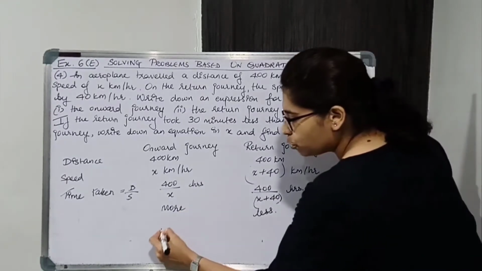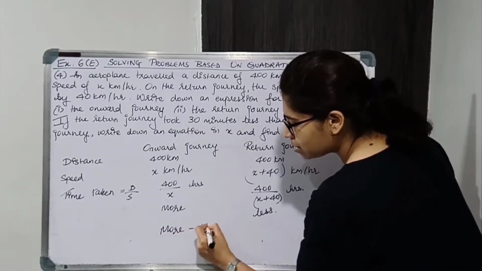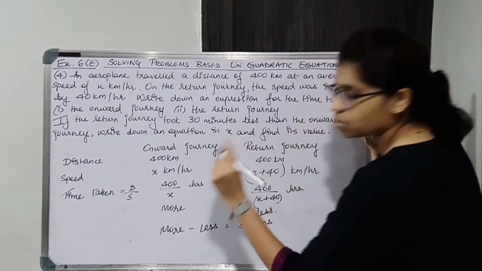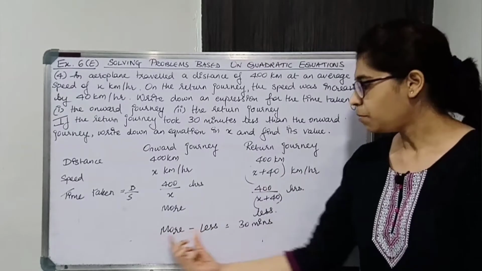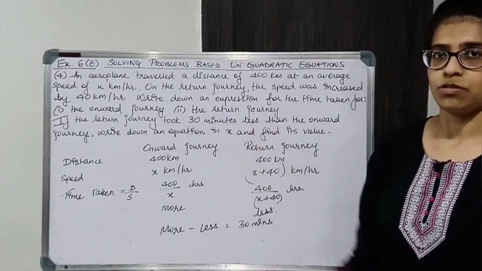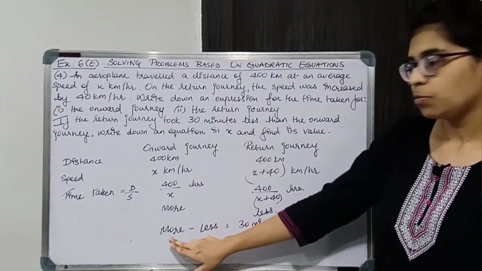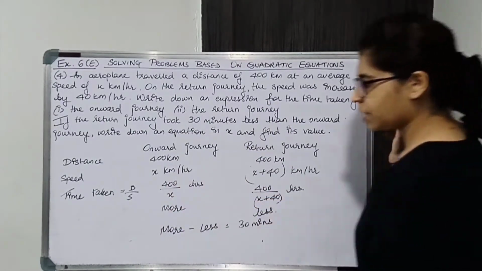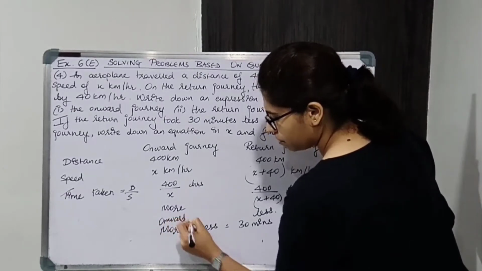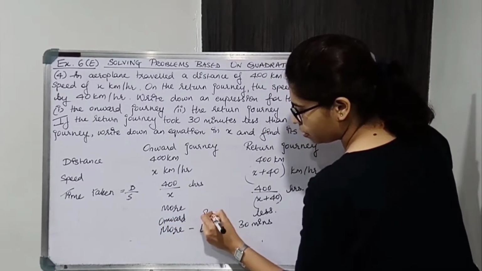So what you do? More minus less is equal to 30 minutes. More time minus less time, that is the 30 minutes. This is giving you the equation. Now more time is for the onward journey, and this is the return journey.